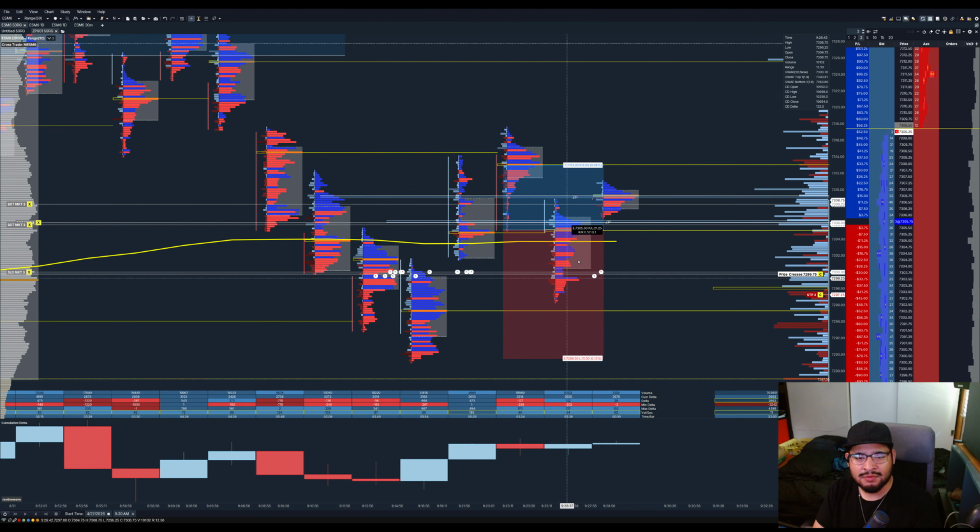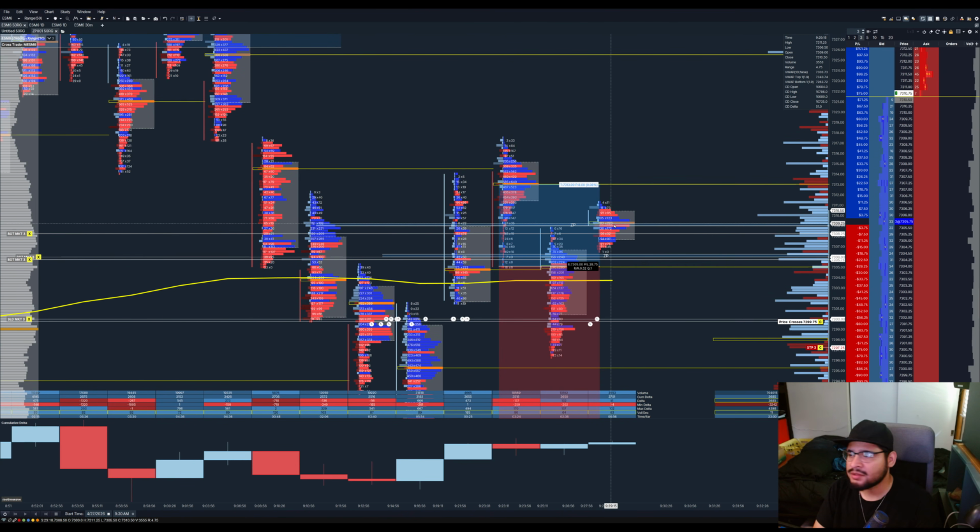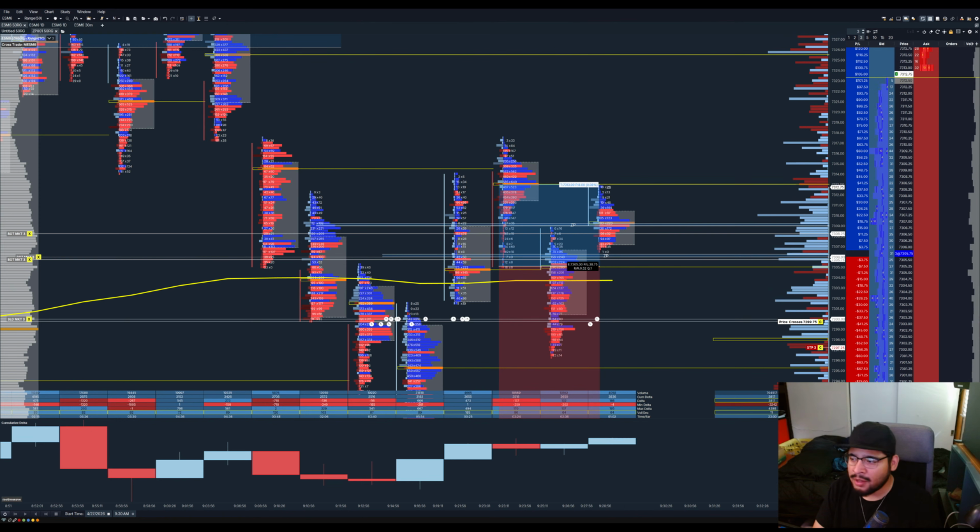I do like the bottom of this candle here. This seems like a balanced little range here. So we'll see if we can tap the weekly VWAP. We're around the point of control at 73.09.